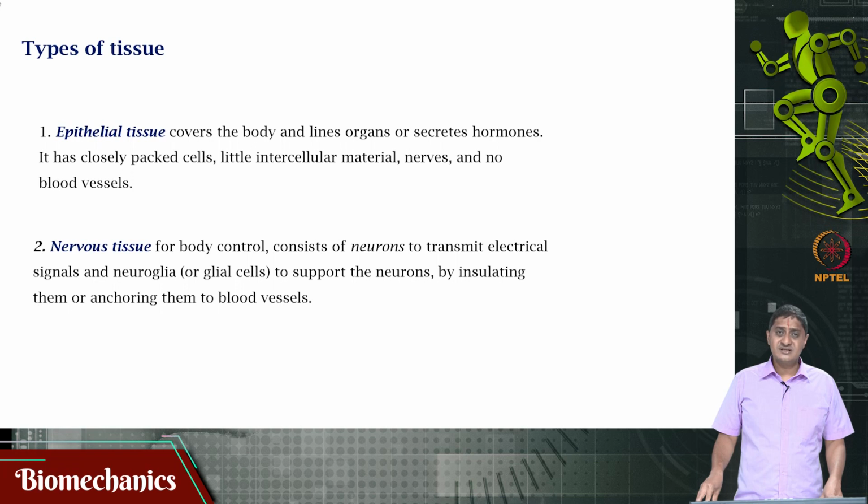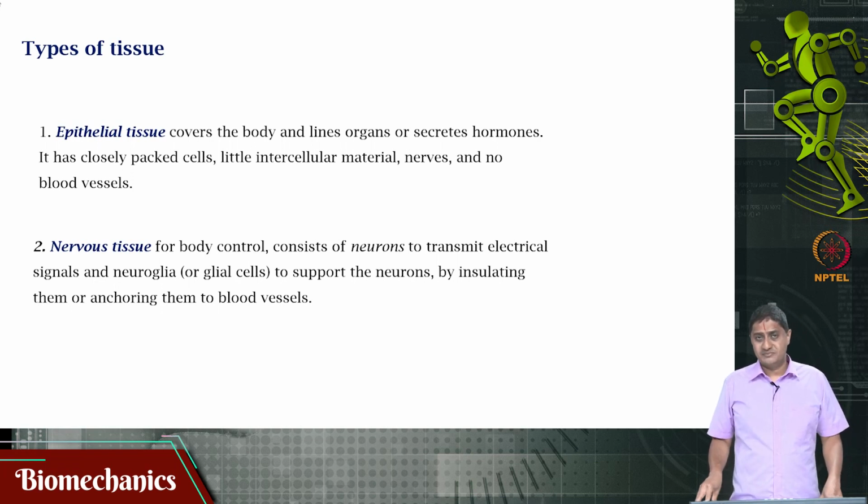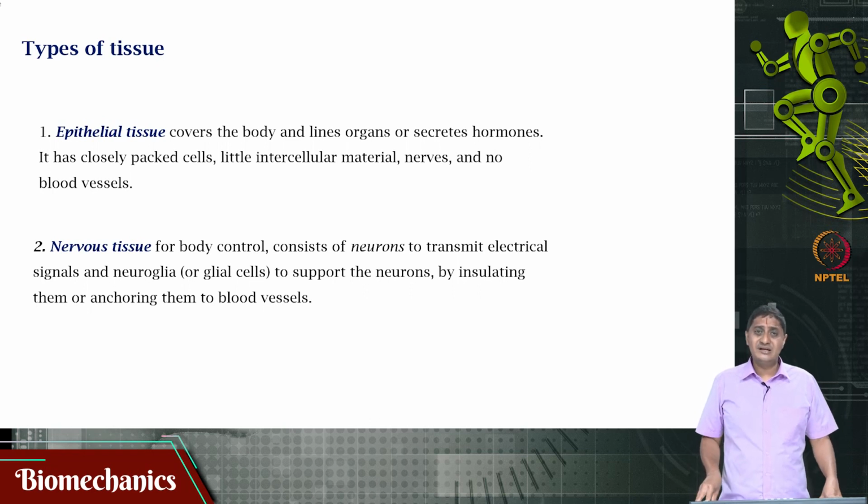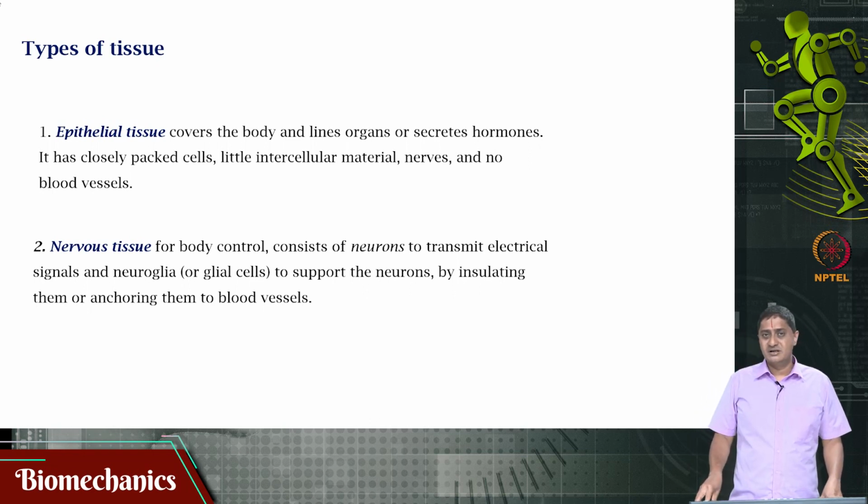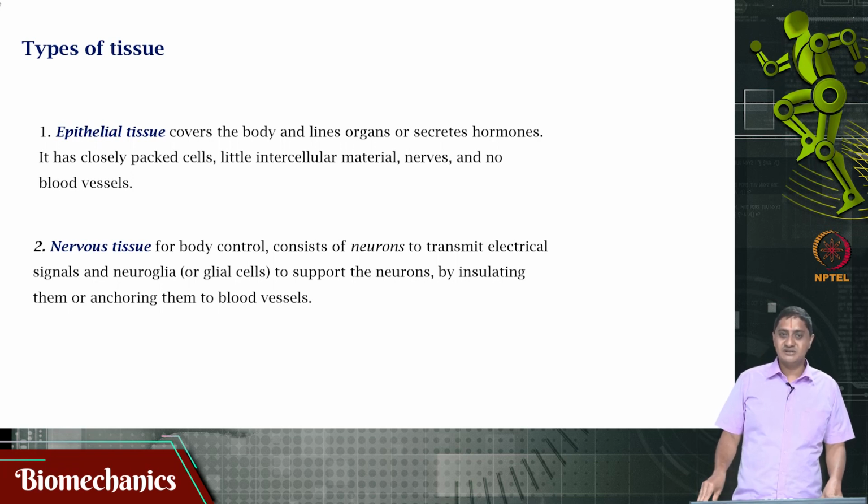So, we classify these from the material property viewpoint, not completely from the functional viewpoint, as you see when you are discussing various types of tissues that exist and perform various functions. Here we only restrict our attention to the material properties, and based on that we classify.